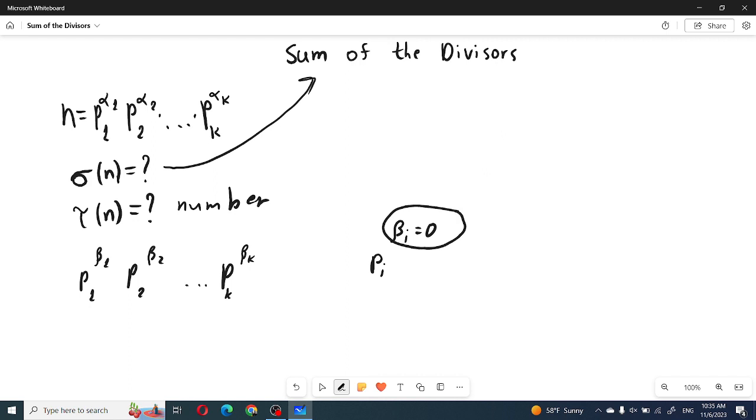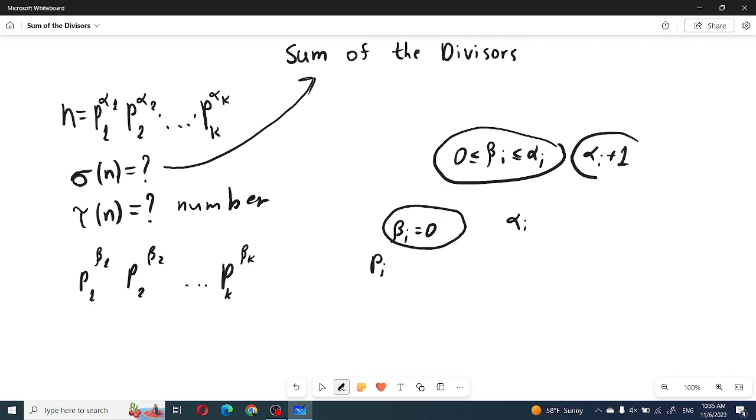In this case, beta i must be 0, and the greatest value of beta i must be alpha i. So we have concluded that 0 is less than or equal to beta i and beta i is less than or equal to alpha i. So in total we have alpha i plus 1 different possible choices for beta i.